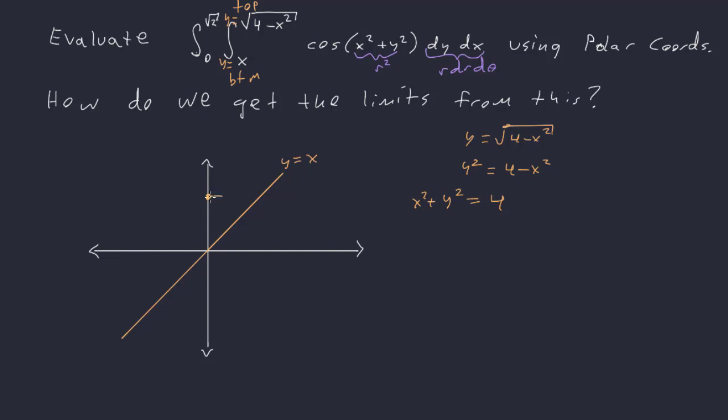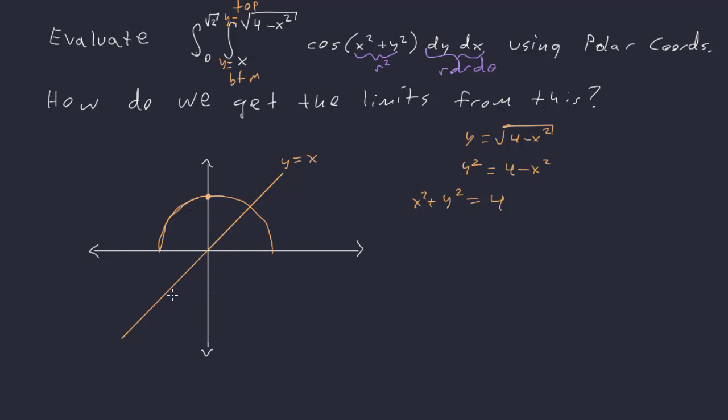So that's the circle of radius 2, right, centered at the origin. And specifically, since it's the positive one, it's the top semicircle, right, not the bottom semicircle.